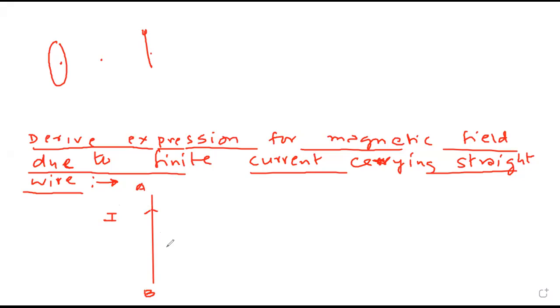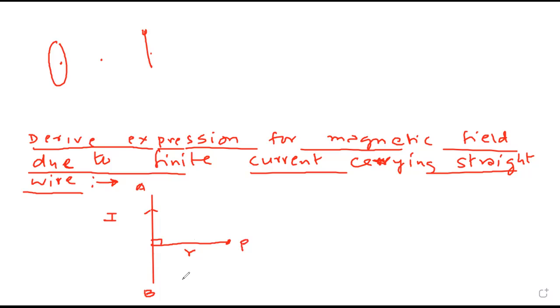We want magnetic induction due to this straight wire. Let P be a point at a distance R near the conductor.